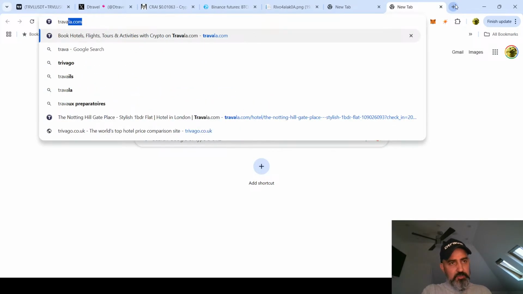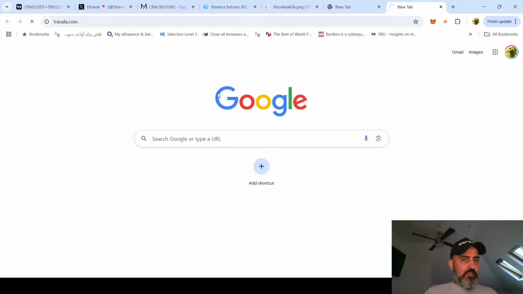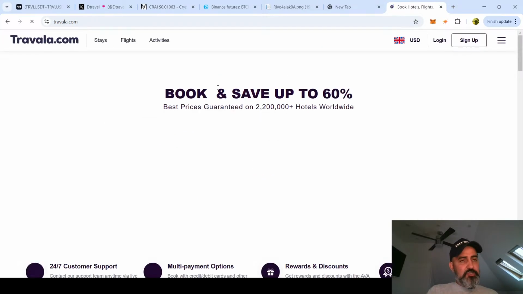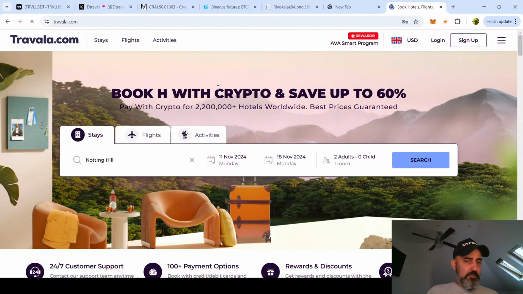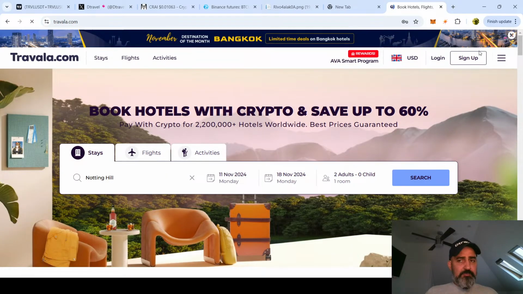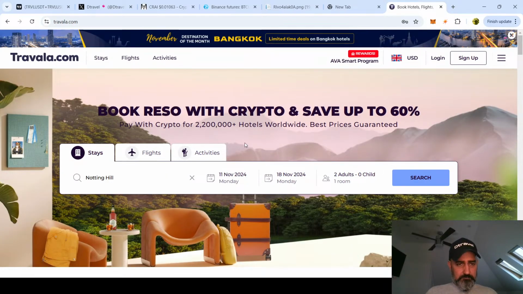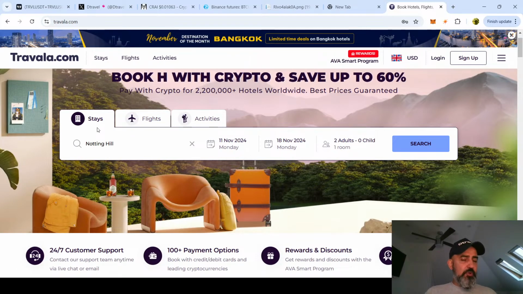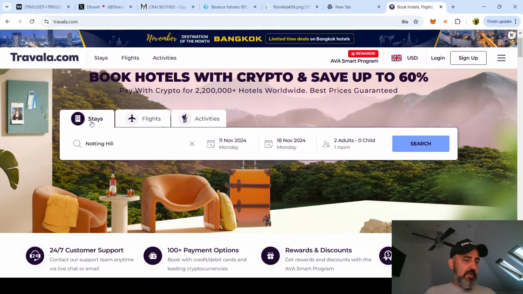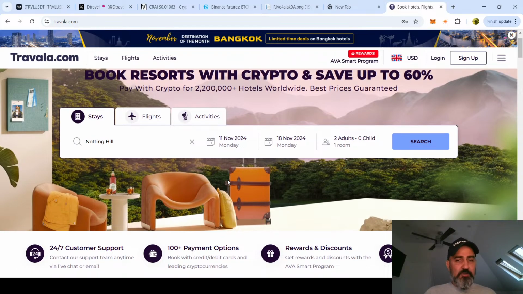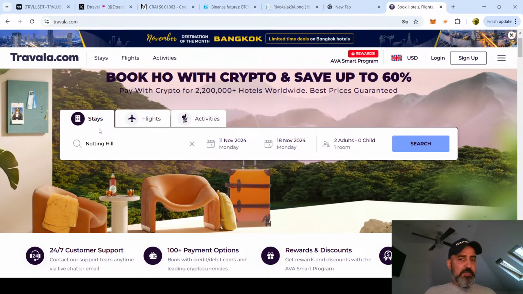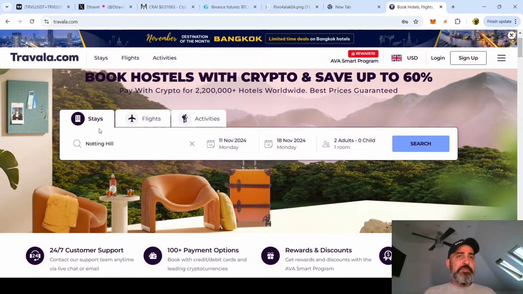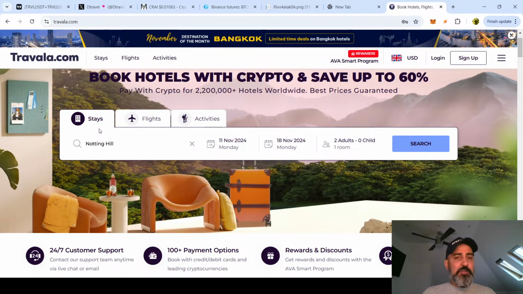So Travala created this Web2 company using Web3 technology, and they were lacking short-stay apartment vacation rentals. They had hotels, but they didn't have apartments. They were thinking, how do we get apartments? The market's been monopolized by Airbnb and Booking.com.